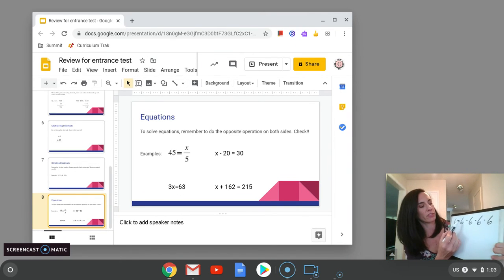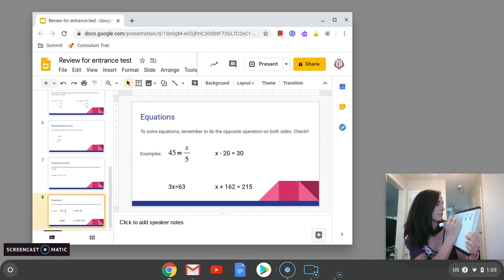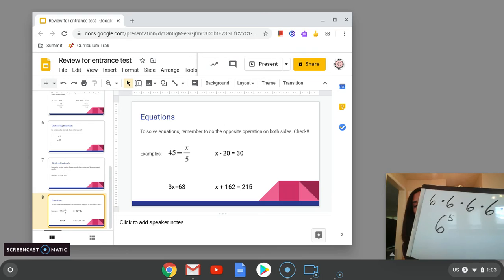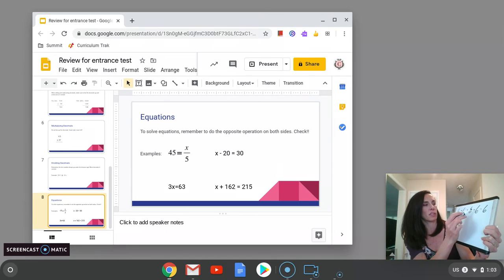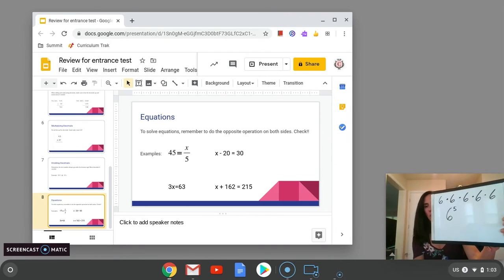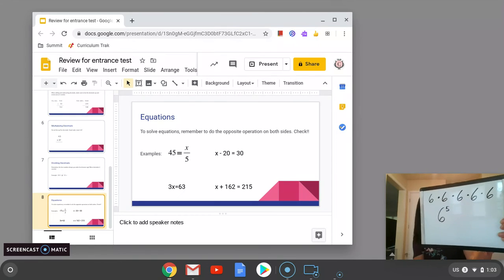So here we have 6, 1, 2, 3, 4, 5 times. So we have 6 to the 5th power. When it tells you to write it using an exponent, it's not asking you to solve, okay? So 6 times 6 times 6 times 6 times 6 means 6 to the 5th power. And that's how you would write that.